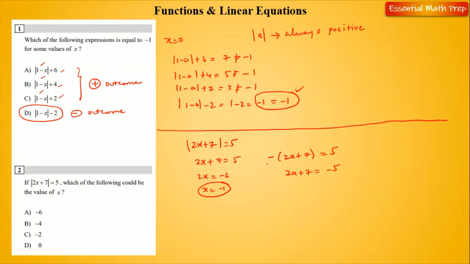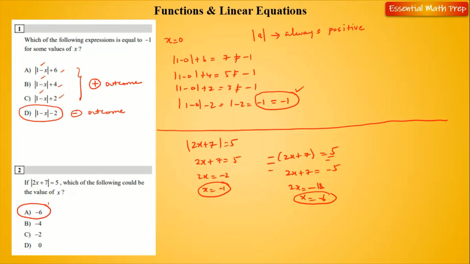Then 2x equals -12, so x equals -6. x equals -1 is not one of the answer choices, but x equals -6 is, so that is the correct answer.